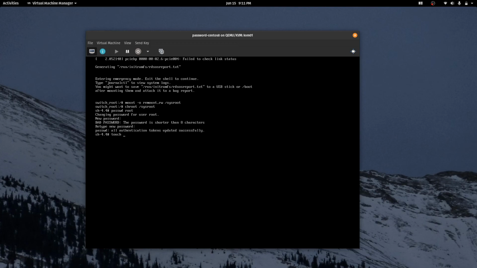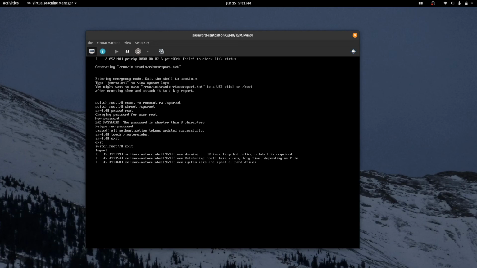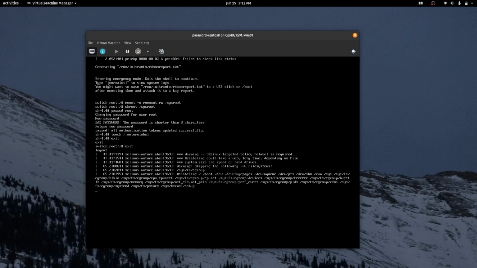Right now I'm going to touch /.autorelabel, exit, exit. All right, so this is starting the auto relabel, which makes sense. And it says it will take a very long time. For this VM, it usually takes about 20-30 seconds, something like that.